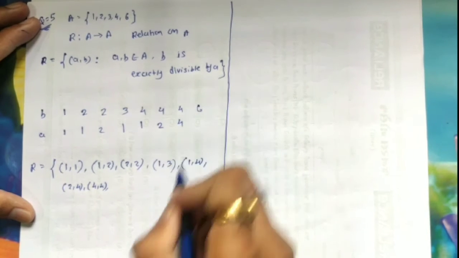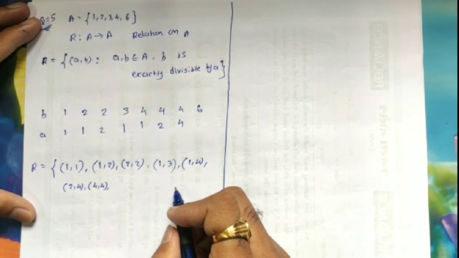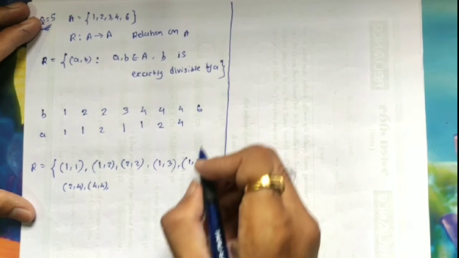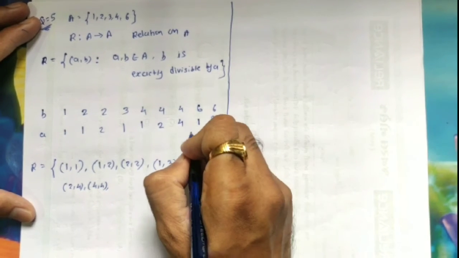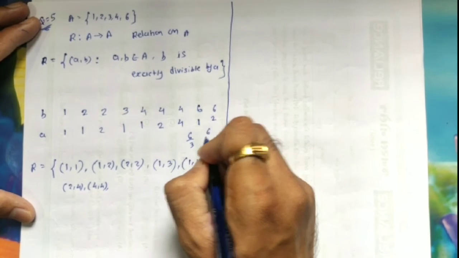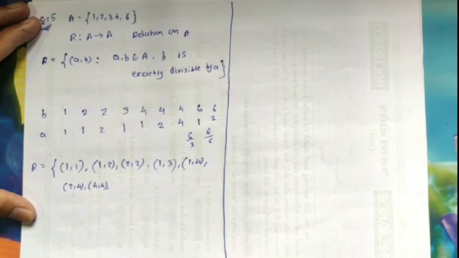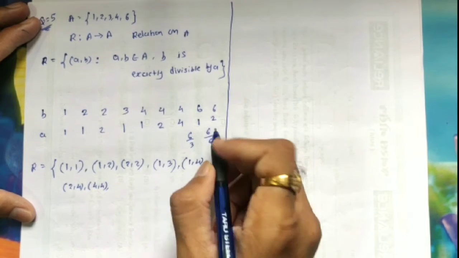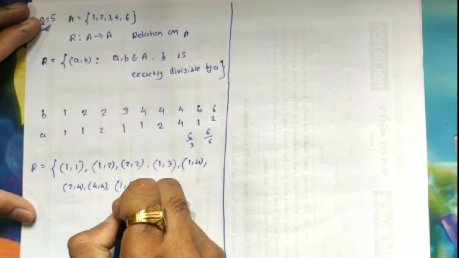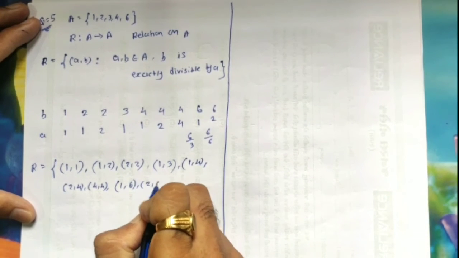Then we will consider 6. Now 6 is exactly divisible by which numbers? It is divisible by 1, 2, 3, and 6. So for this 6 we are getting four ordered pairs: (1, 6), (2, 6), (3, 6) and (6, 6).